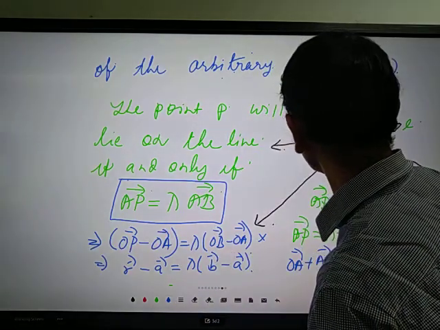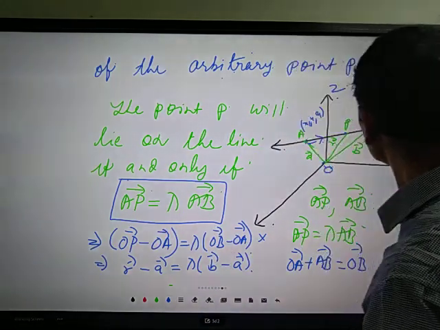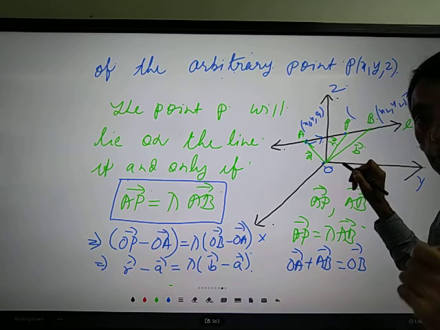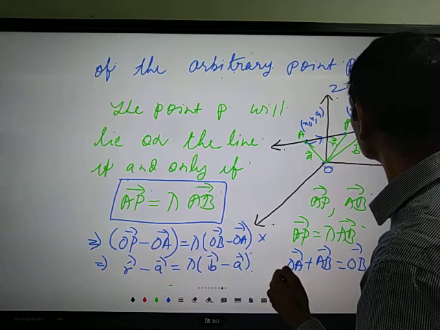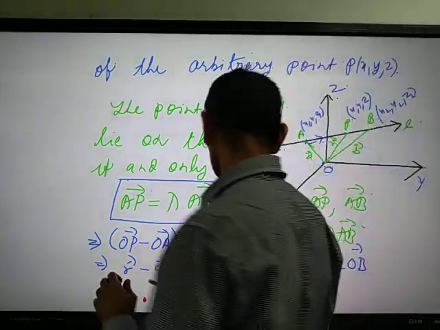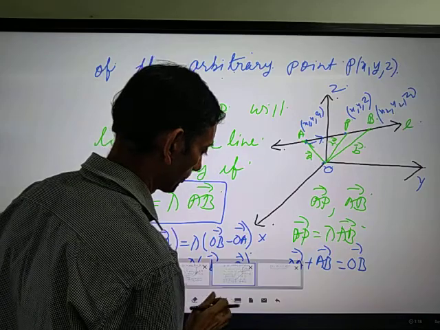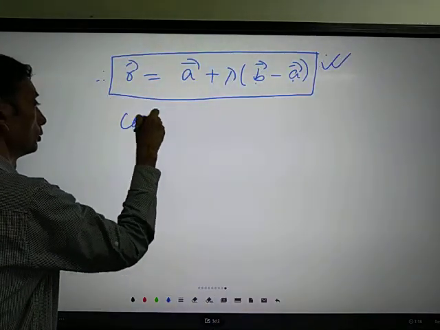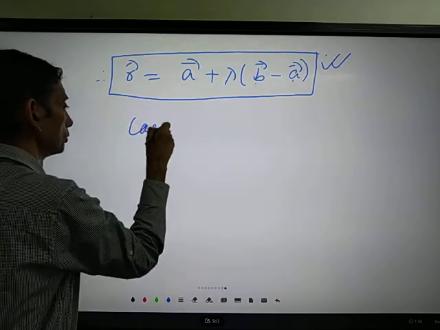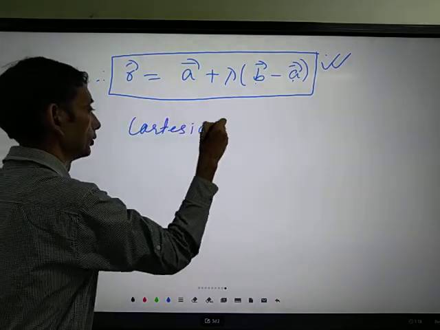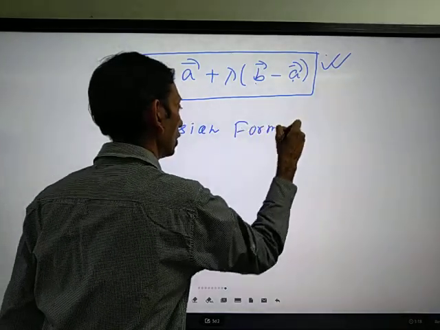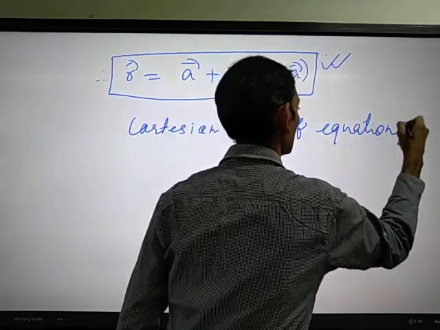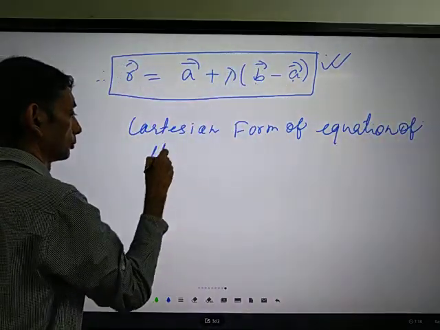The coordinates of A are x1, y1, z1, the coordinates of B are x2, y2, z2, and the coordinates of P, which is an arbitrarily chosen point, we always take as x, y, z. So based on that, let us derive the Cartesian form of the equation of the line.